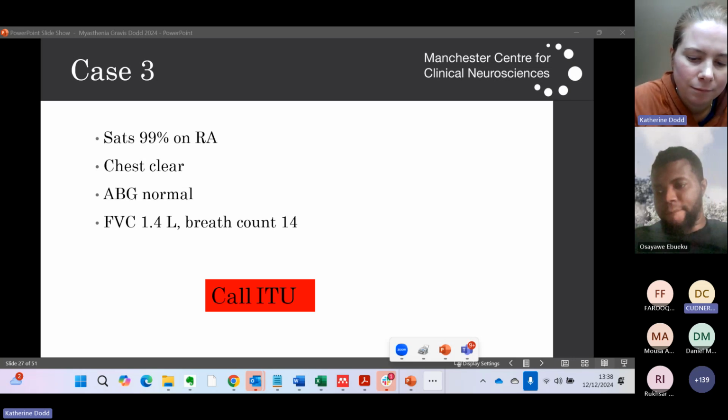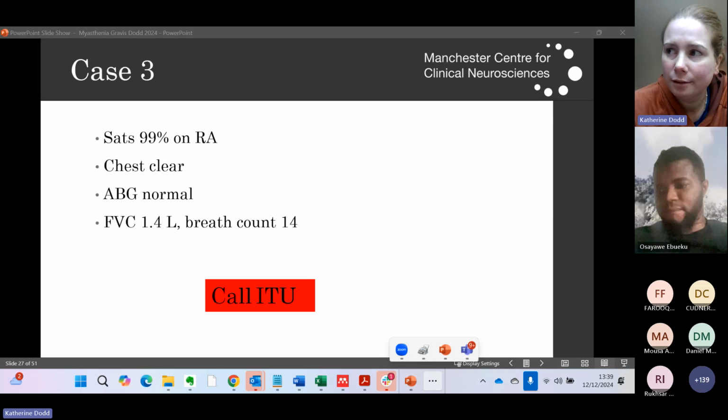I know you're saying breath count's not particularly reliable. Is there anything else that you can do if there's no way of checking the FVC to measure the severity? Well, not really to check the FVC.